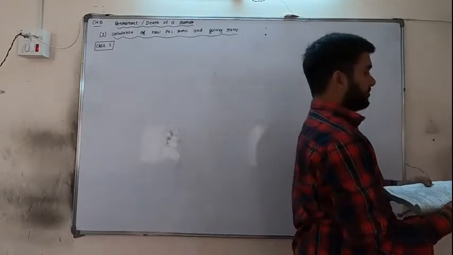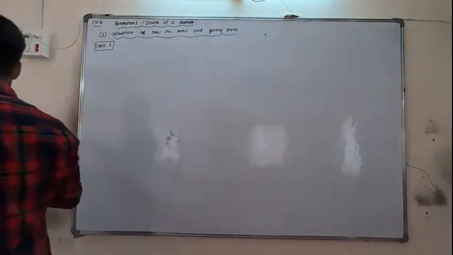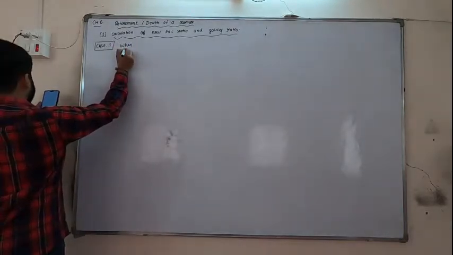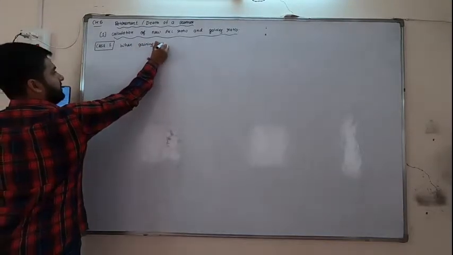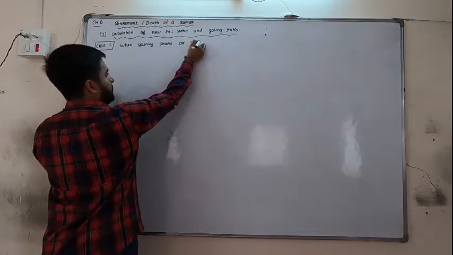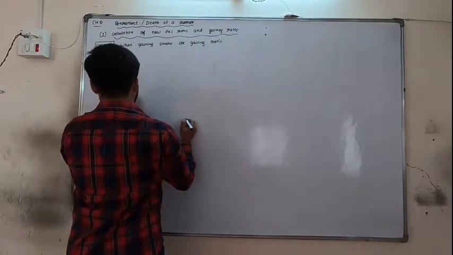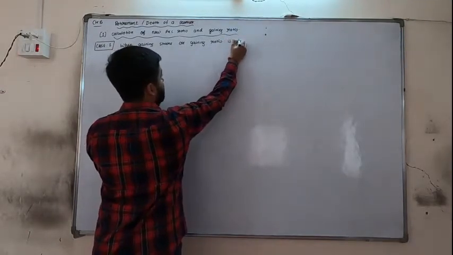Again I have made notes for you, so I will give the things from my notes itself. Case 1. Heading: when gaining share or gaining ratio is not given.